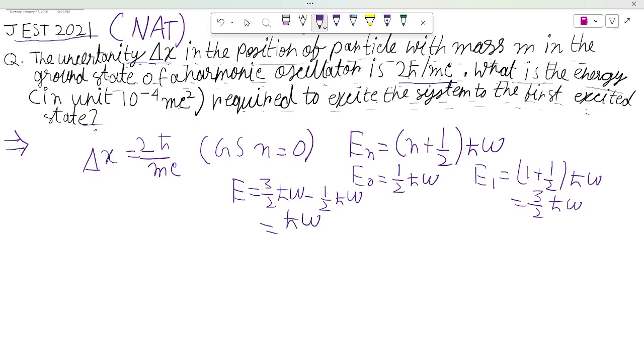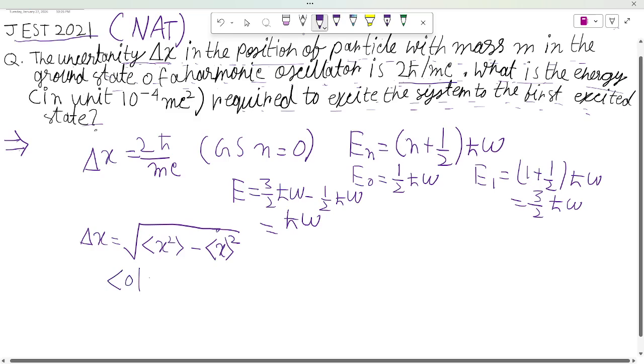So the uncertainty relation: delta x is the root of the expectation value of x square minus the square of the expectation value of x. What is the expectation value of x square for the ground state?